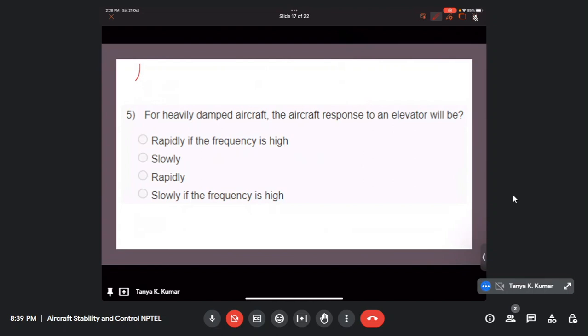It's the short period, right? That is, the frequency is high. If the short period is activated, then the elevator deflection will cause the aircraft to respond rapidly if the frequency is high. You can't just say rapidly. If the short period mode is dominant, then it is rapidly if the frequency is high.